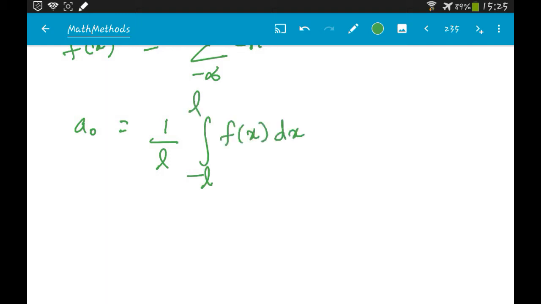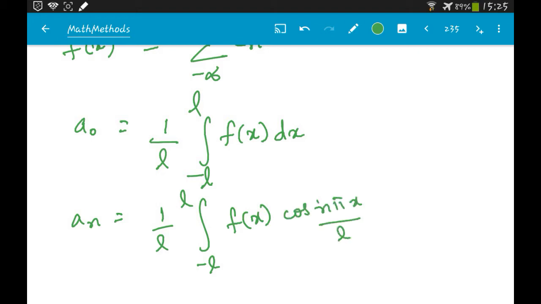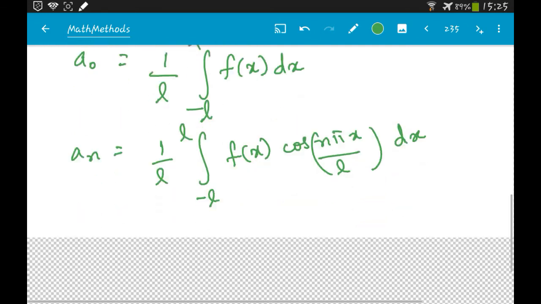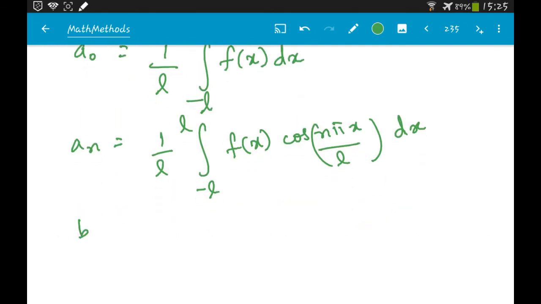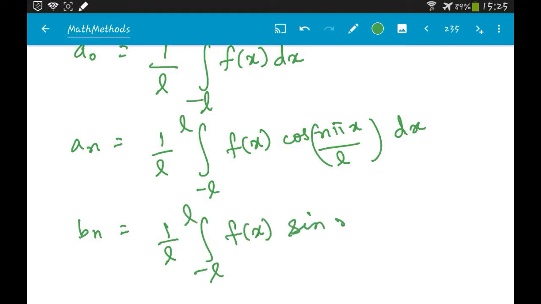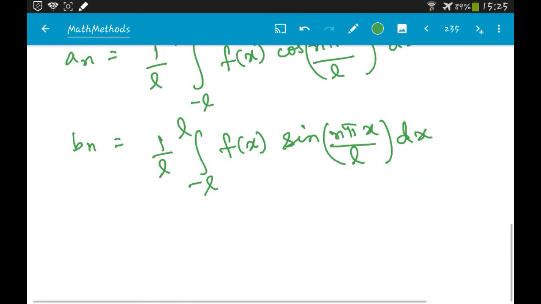f of x dx. This is your a0. an is 1 by L integral from minus L to L f of x cos n pi x by L dx. bn is 1 by L integral from minus L to L f of x sin n pi x by L dx.